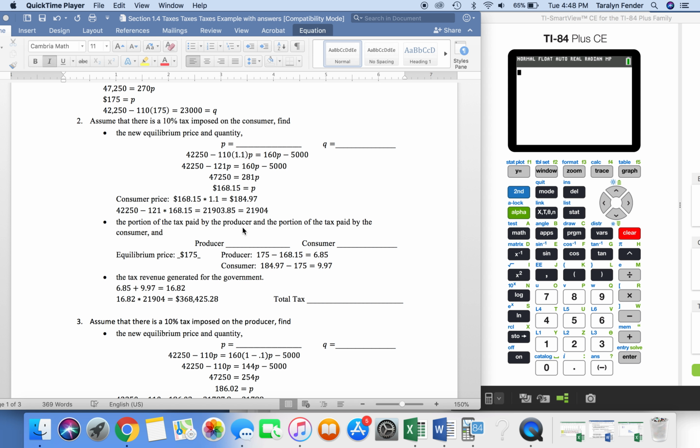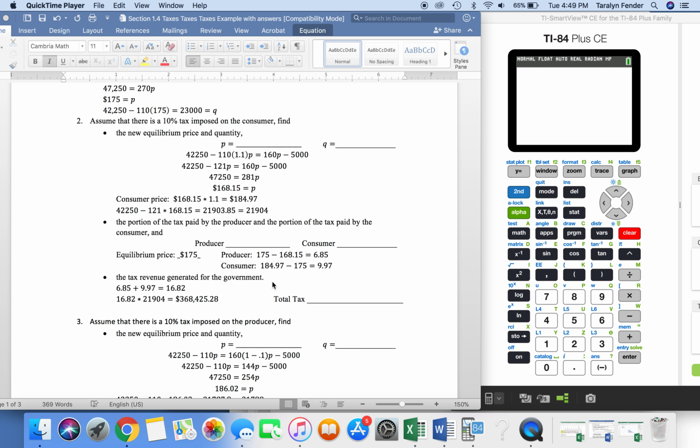The equilibrium price is $175, so now we need to determine the tax that the producer will pay and the tax that the consumer will pay. So $175 is our equilibrium price. The new equilibrium price is $168.15, so the producer pays $6.85 tax. The new price for the consumer is $184.97 minus the original equilibrium price, which is $9.97.